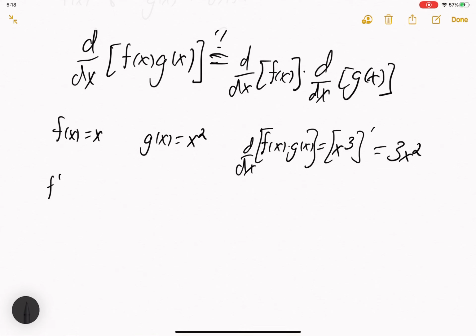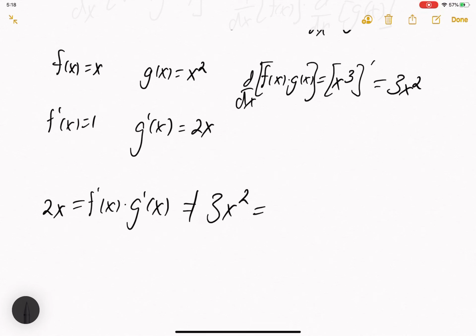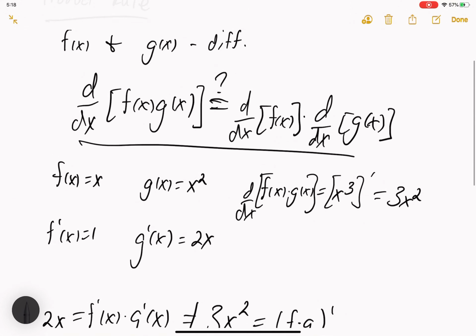But f prime of x is just equal to 1, and g prime of x is equal to 2x. So f prime of x times g prime of x is equal to 2x. But that is not equal to 3x squared. So this tells us that this formula does not work. So cross that out. That's not true.